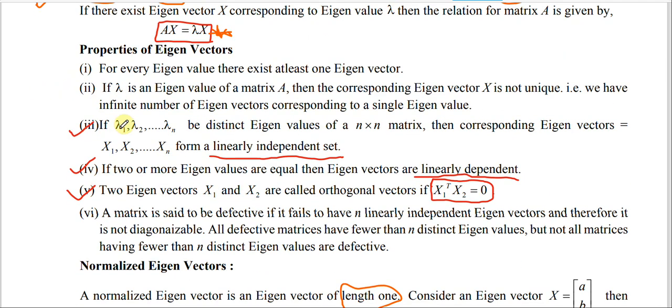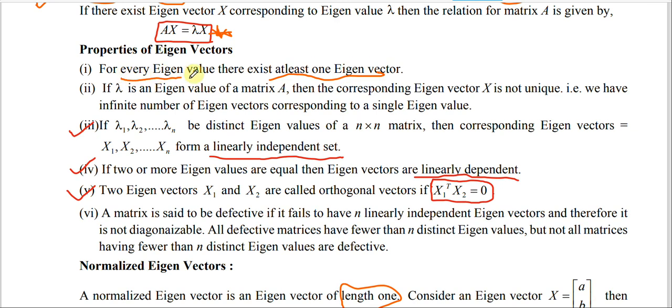Properties of eigenvalues and eigenvectors: for every eigenvalue there exists at least one eigenvector. It may be infinite also.